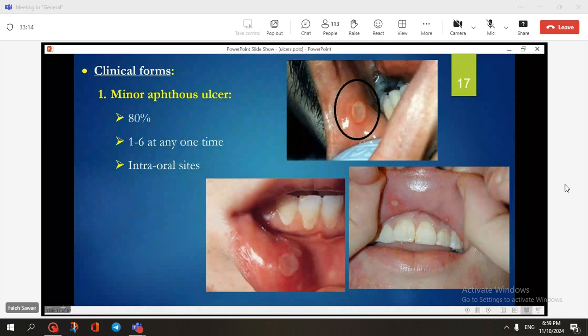They can be single or multiple, appearing at the same time, 1 to 6 ulcers. They can affect any site, but mostly they affect the non-keratinized parts of the oral mucosa: the labial mucosa, buccal mucosa, floor of the mouth, and ventral surface of the tongue.